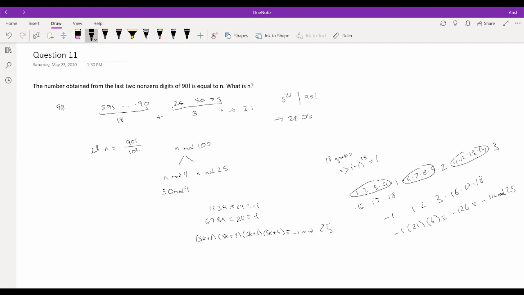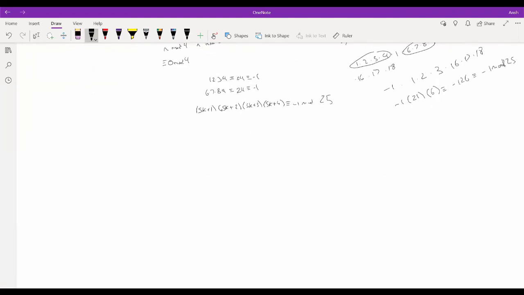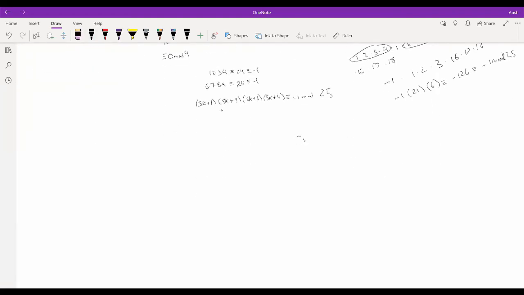All right, so now we have somewhat of an answer, but if you remember, what we're trying to find is 90 factorial divided by 10 to the 21, not 5 to the 21. So we have to take -1 mod 25 and divide it by 2 to the 21st power. First, let's start by simplifying 2 to the 21st power. 2 to the 21st power is not a nice number.